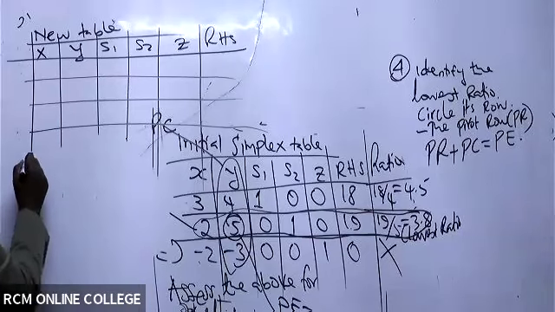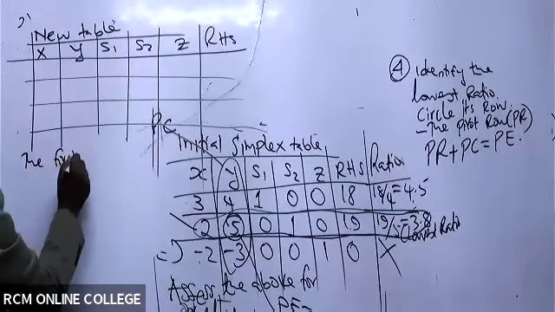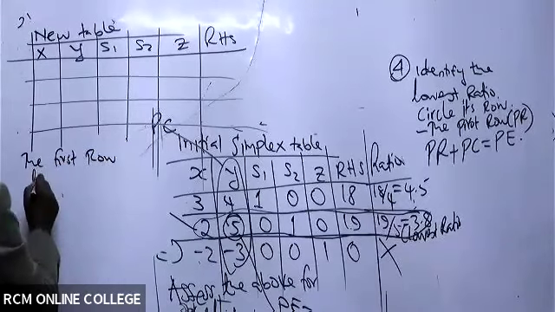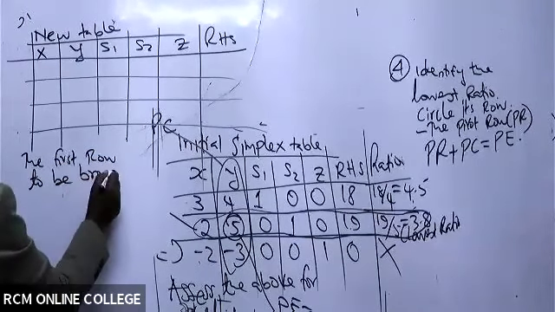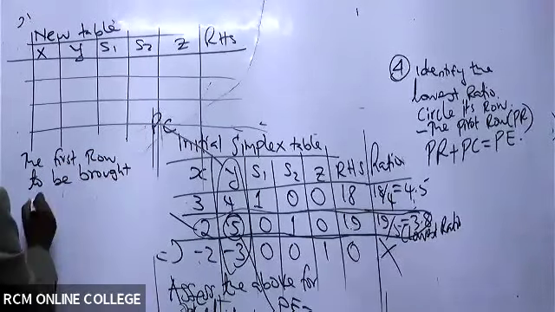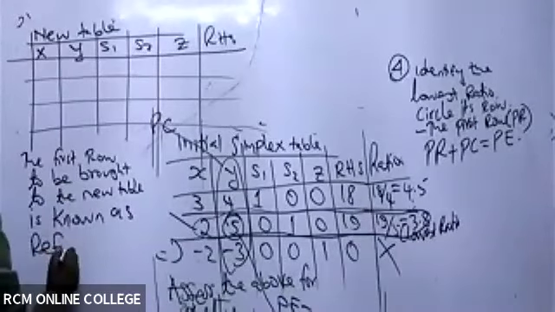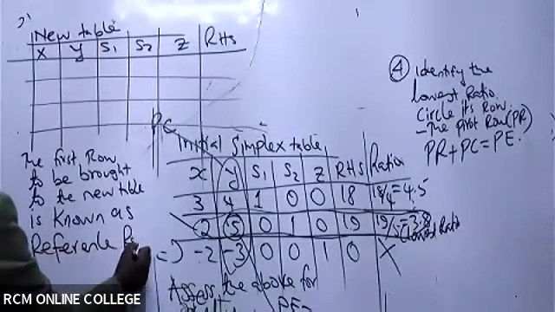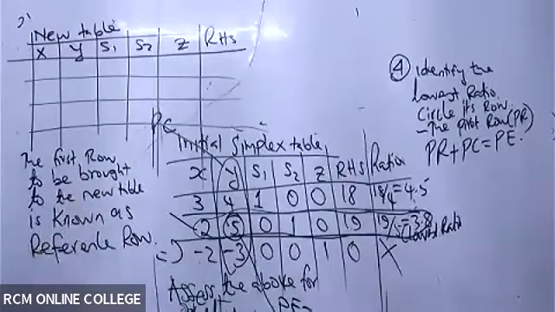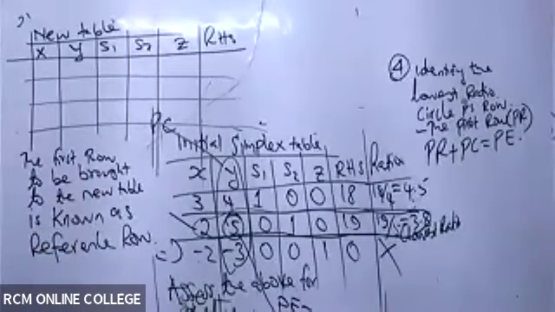Below the new table, we are saying that the first row to be brought to the new table is known as reference row.